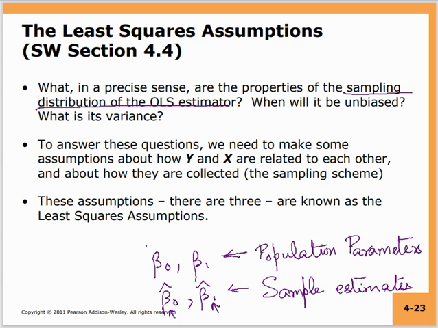If we had taken yet another sample, we might have got a still different value of beta 0 hat and beta 1 hat. So beta 0 hat and beta 1 hat themselves are random variables, and they have their own sampling distribution.